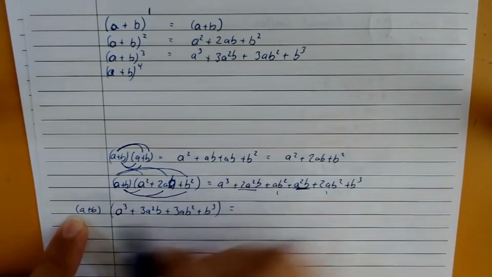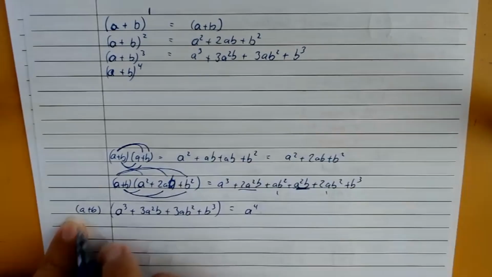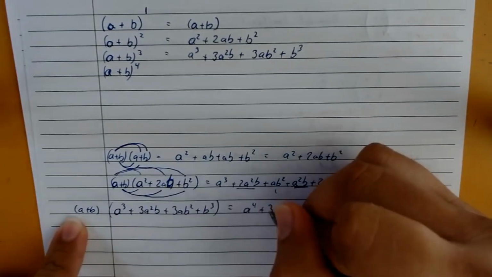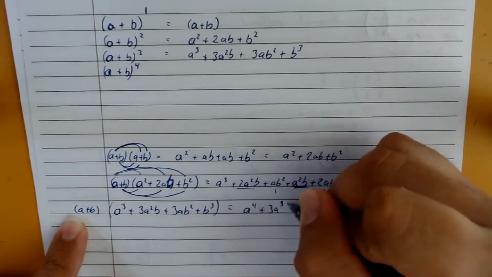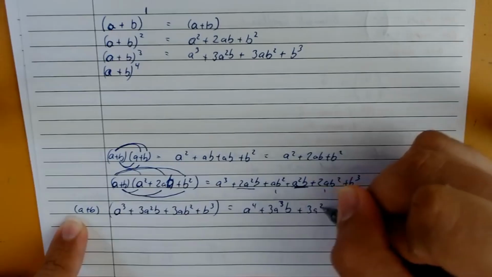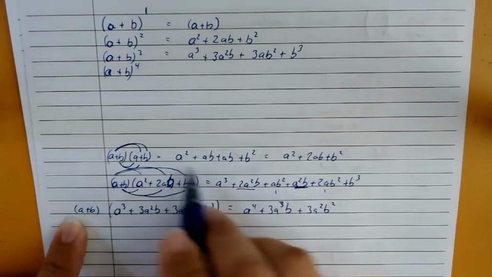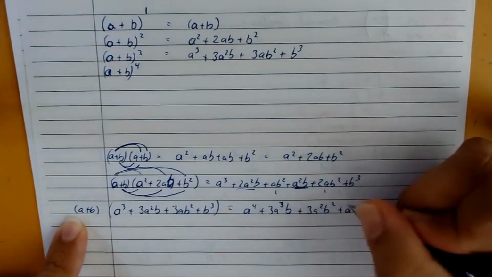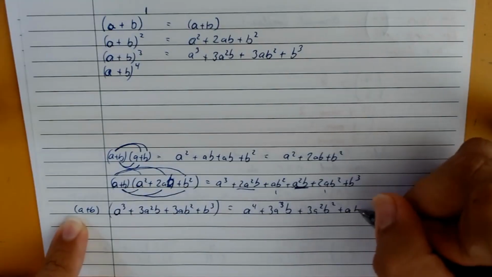So that would be a to the fourth. That would be plus 3a cubed b. That would be plus 3a squared b squared. And that would be plus ab cubed.